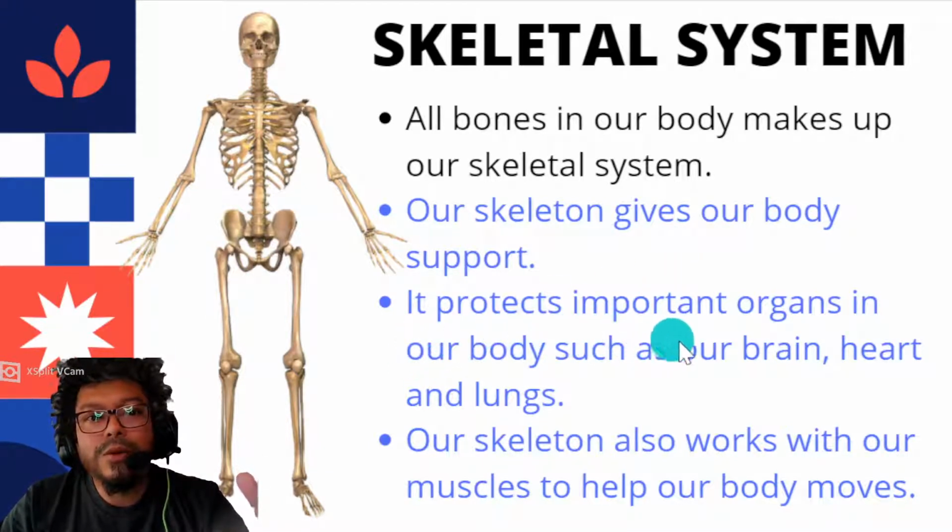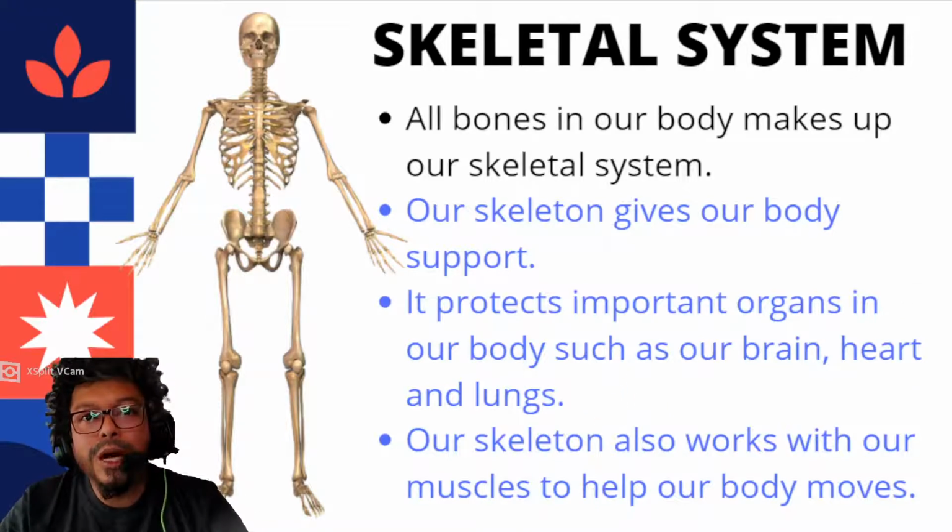It protects important organs in our body such as our brain, heart, and lungs. It is hard enough to protect our body in our daily usage. Our skeleton also works with our muscles to help our body move. So this is the function of our skeletal system.